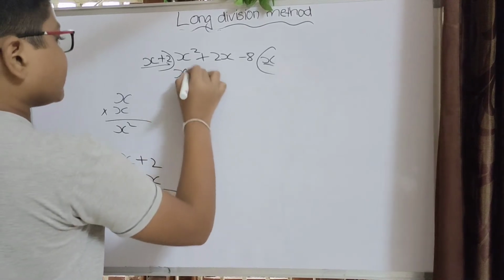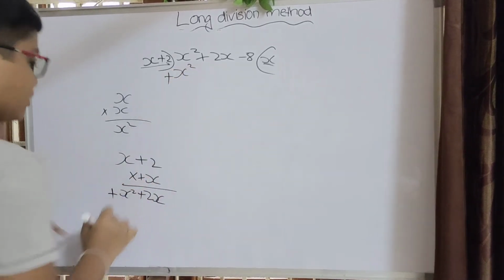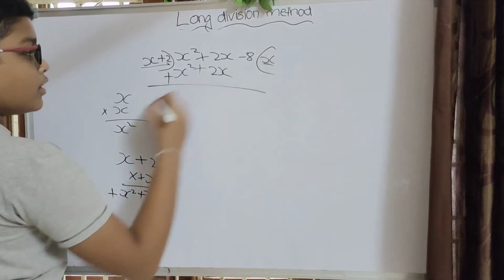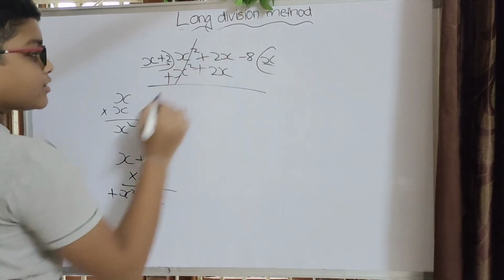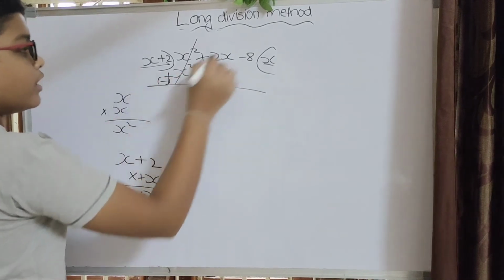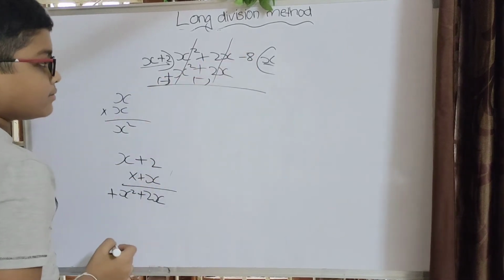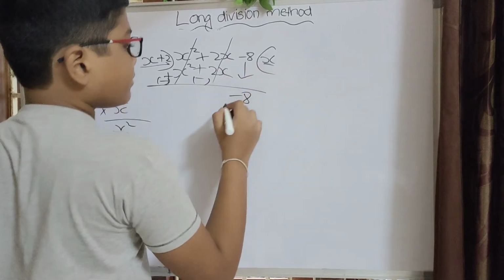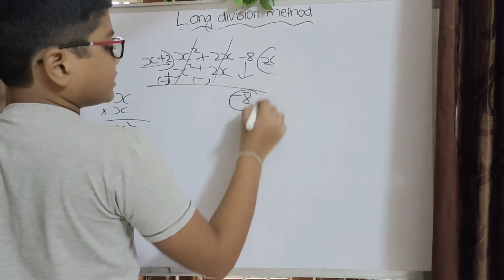So x square plus 2x. Now x square will cancel, here minus, here also minus, and 2x will cancel.